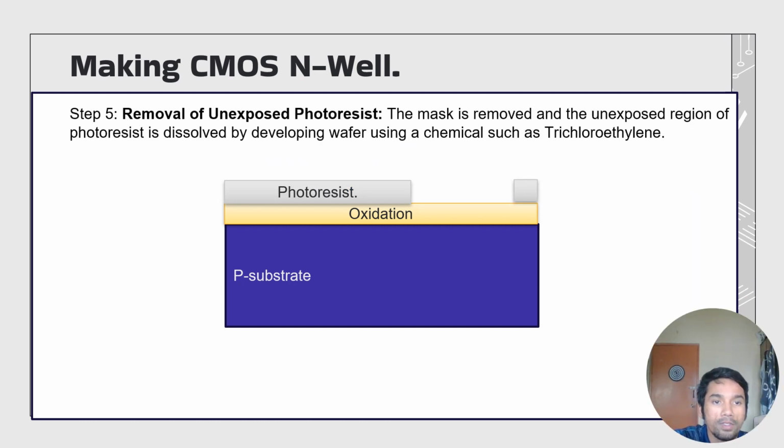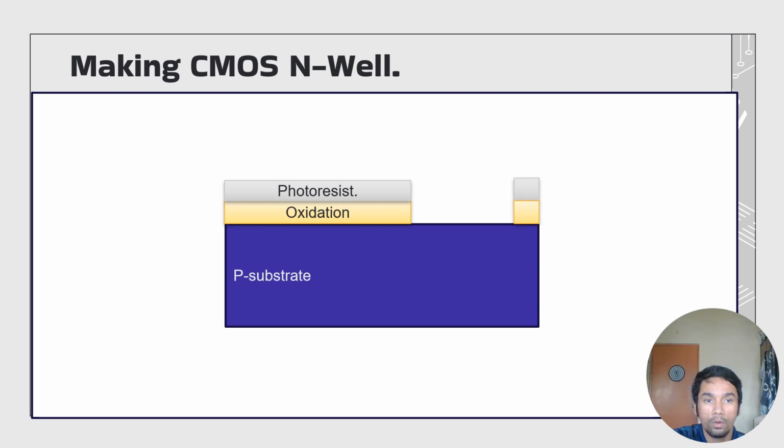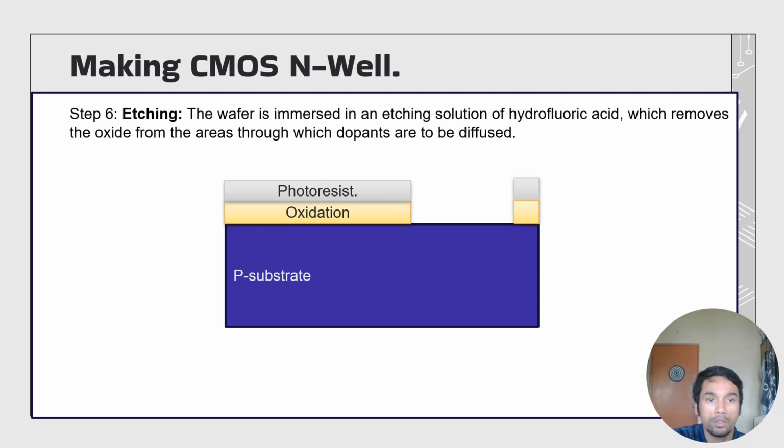Step number 5 is that we remove the unexposed photoresist by using trichloroethylene. By using trichloroethylene, we will dissolve the unexposed photoresist. Step number 6 is we etch the oxidation layer, for which we put hydrofluoric acid, which removes the oxide from the areas through which dopants are to be diffused.